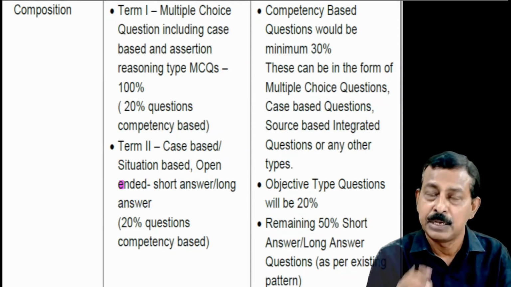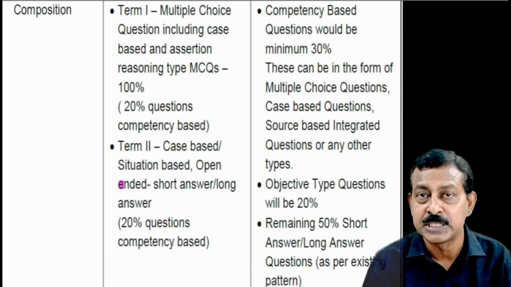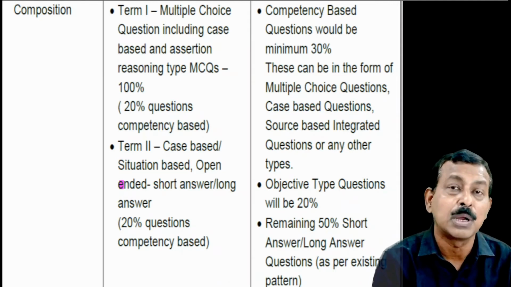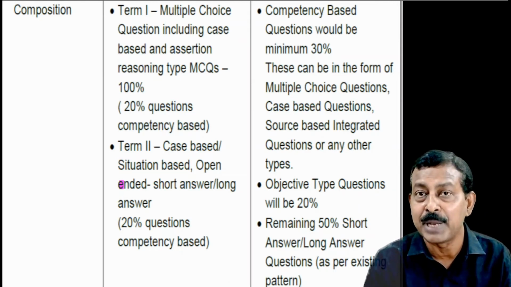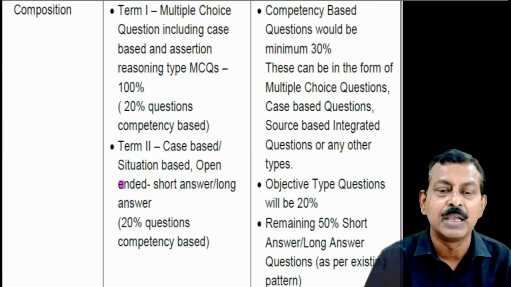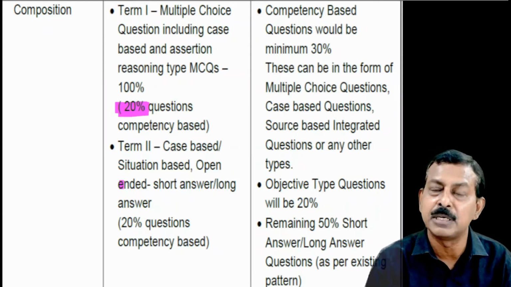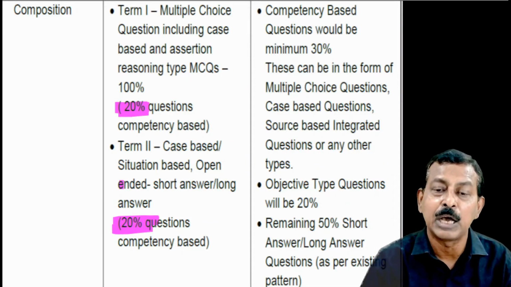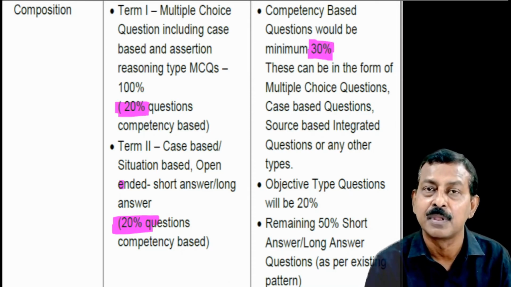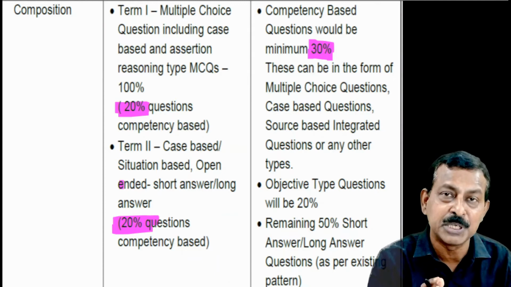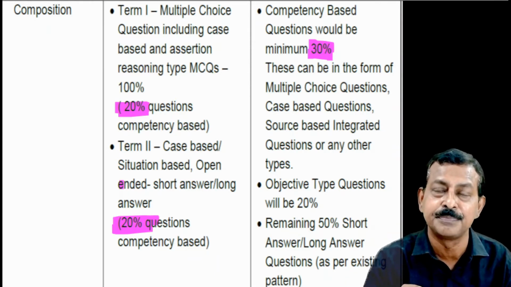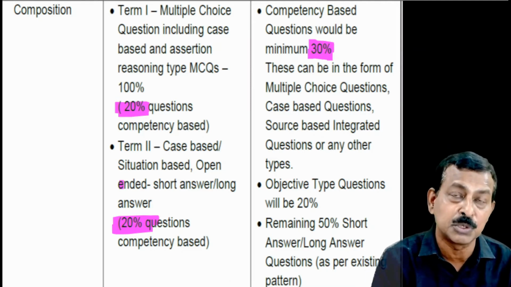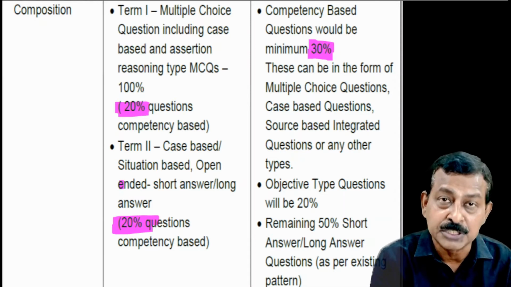Now here, one more thing you can notice, and there may be slight confusion, whether the weightage to competency-based questions for this particular batch has increased or decreased. You can see it was 20% in term 1, 20% in term 2, and now it is 30%. But it's not like 20 and 20 means 40% questions were there for this batch.